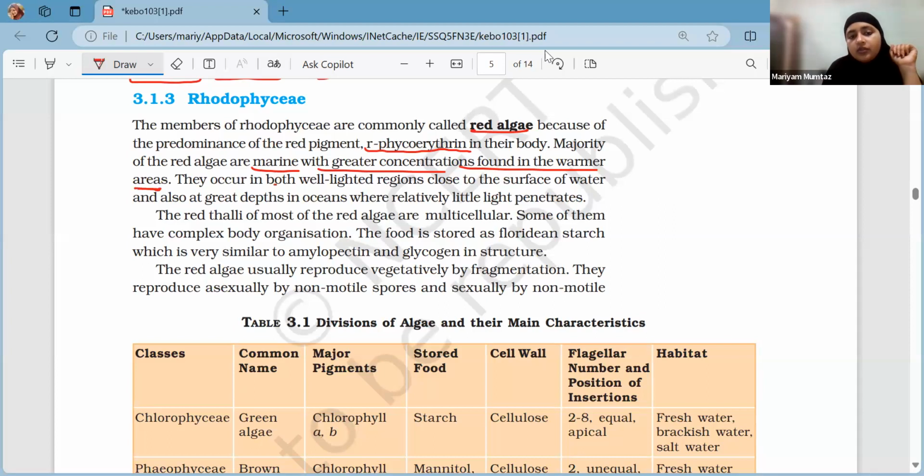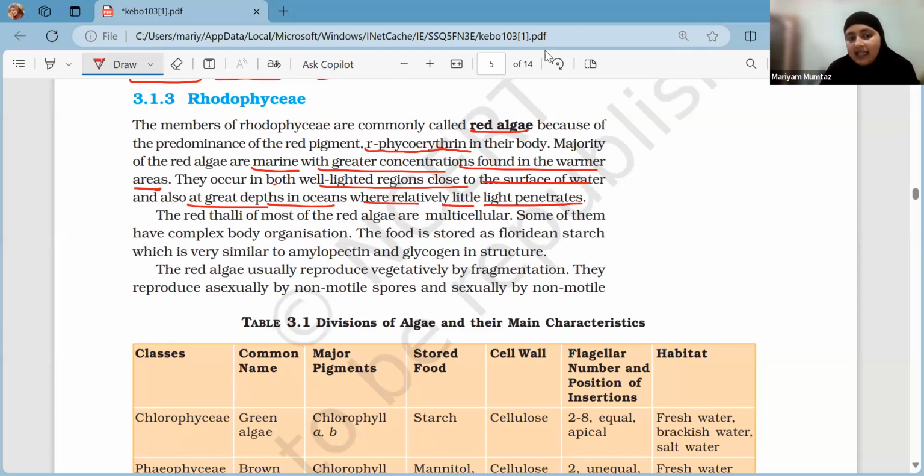They occur in both well-lighted region close to the surface and also at great depths in the ocean where relatively little light penetrates. So they can be found in variety of ways, on the surface of water also, deep inside the water also, and the surface of the water will receive most of the light that is coming from the sun, but the depth won't receive any. So they can be present in both of these locations.